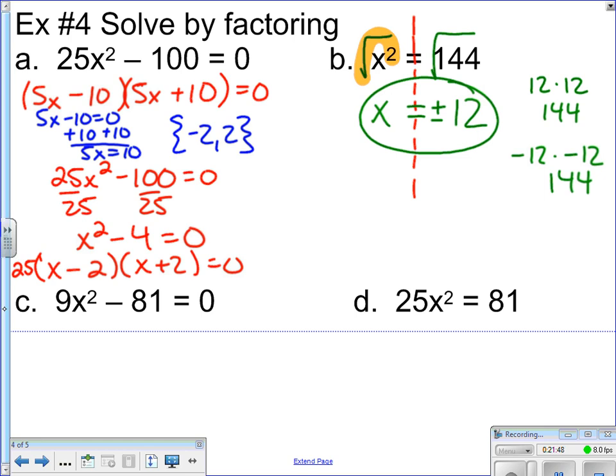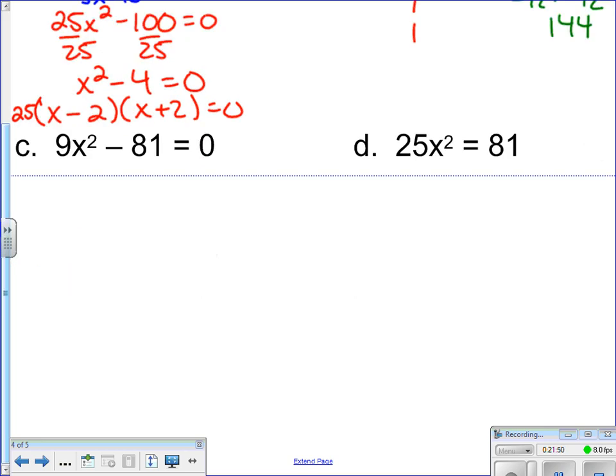Now let me show you how to do that one more time. You've got 81 and 9x squared. Move the 81 to the other side so that you get 9x squared equals 81.